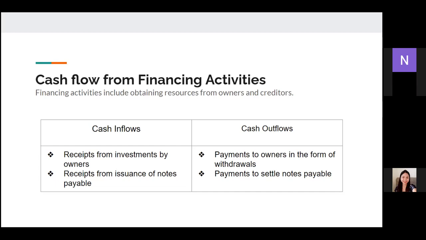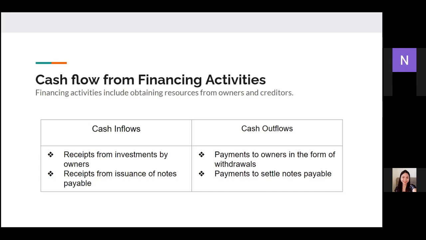So, some examples of cash flow from financing activities na cash inflow. Pag cash inflow, tanda natin, positive yon. So, pag positive, i-add natin siya later pag may problem na po.